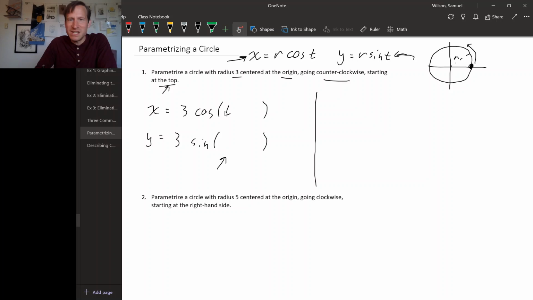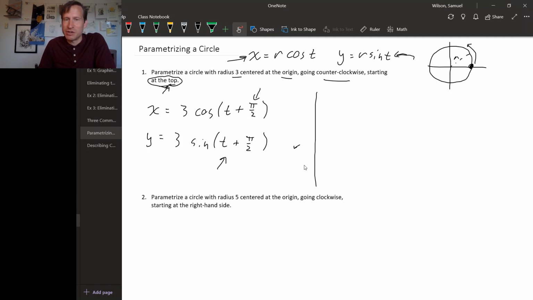If we just put a t in here, when t is 0, the initial angle would be 0, but that's not what we want. When t is 0, we want the initial angle to put us at the top. So we need to add whatever our initial angle is, and to be at the top, that initial angle would be pi over 2. Okay, so that's one way to get parametric equations for this situation.